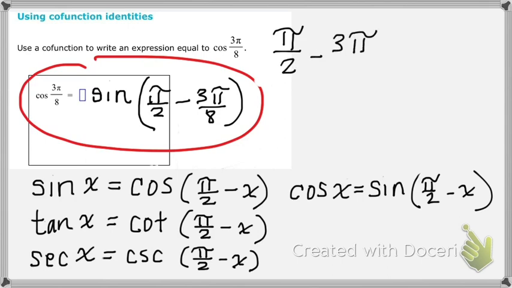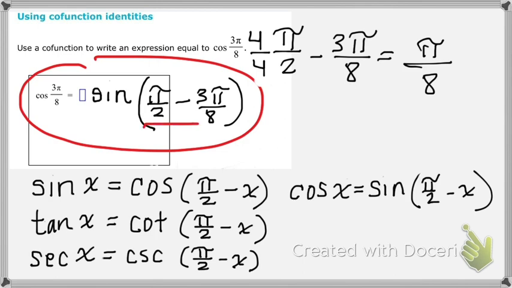But I'll just set up the fraction here. See that I need a common denominator of 8, so I'll multiply by 4 over 4. And then we'll have 4 pi minus 3 pi is pi over 8.